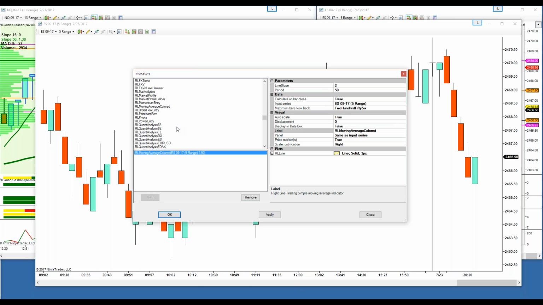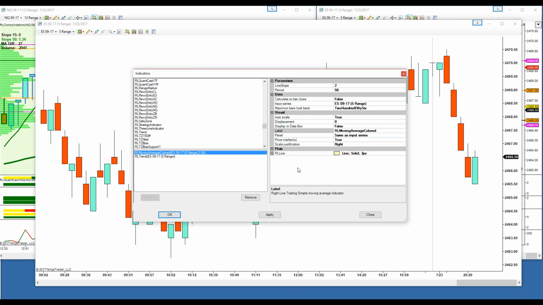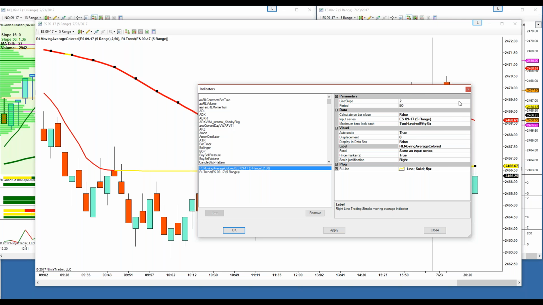There's our moving average colored, and I'm going to put in our trend, RL trend. I make the RL trend a 3, and I make the moving average colored a 5. Again, this is going to be on all the templates, but now this is our moving average colored.